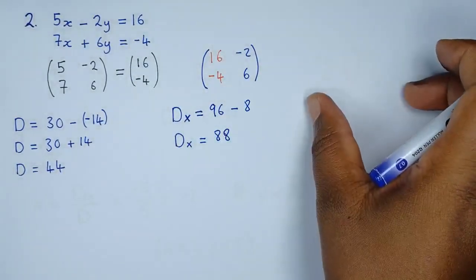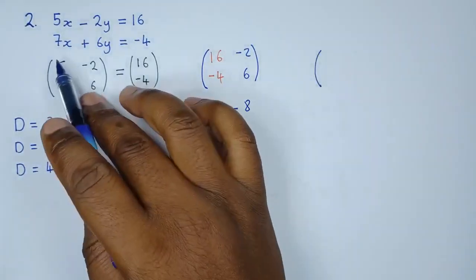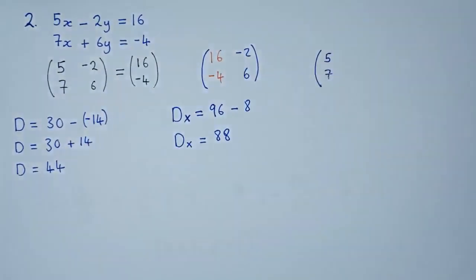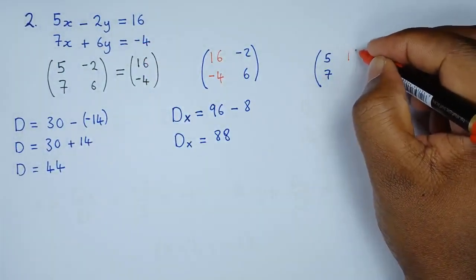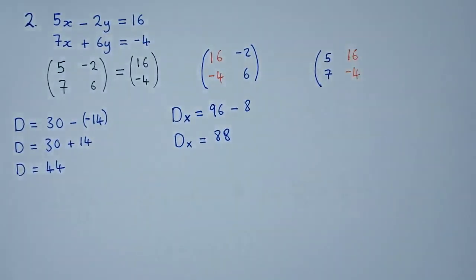Let's form the next matrix for dy. For dy, we maintain the coefficients of x, which are 5 and 7. But for the coefficients of y, we shall replace them with 16 and -4. So here we have 16 and -4, like that.